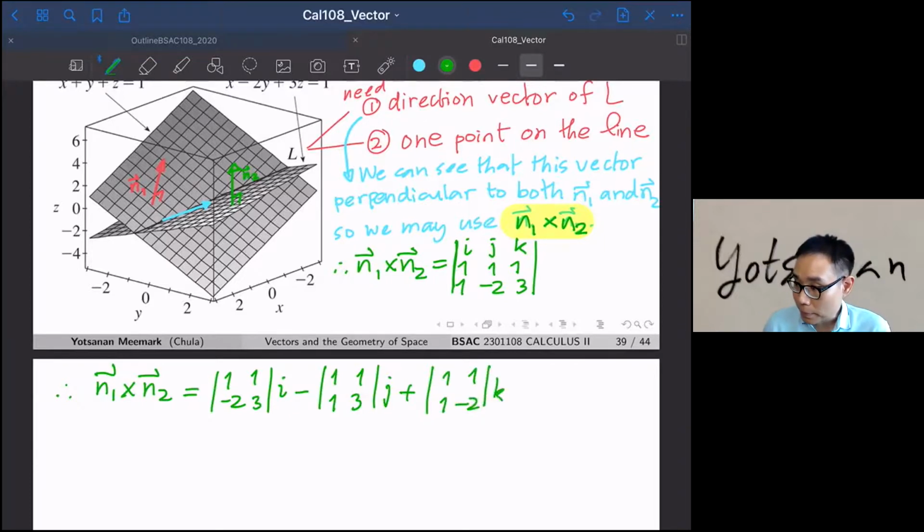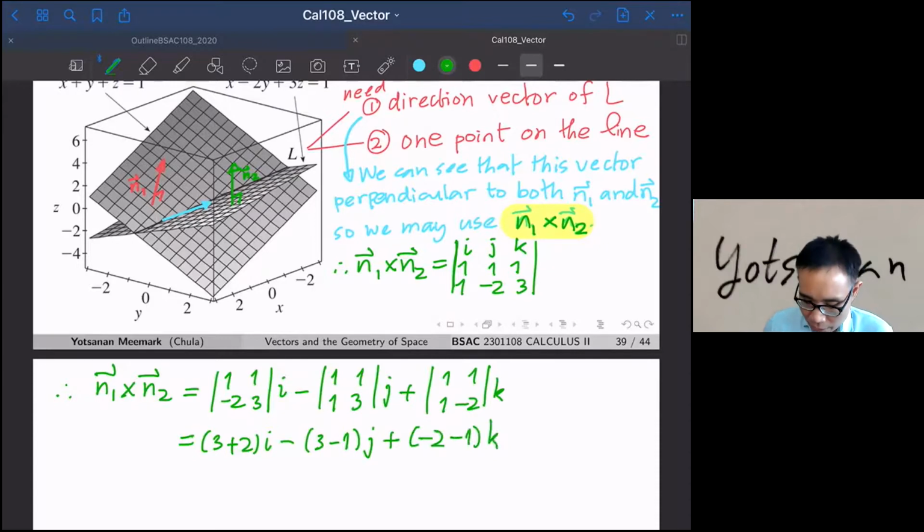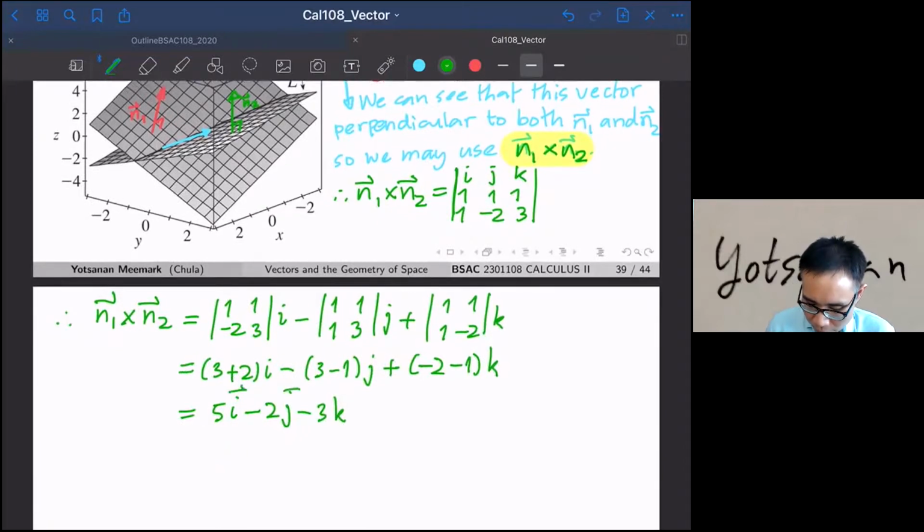It turns out to be (3 plus 2)i minus (3 minus 1)j plus (negative 2 minus 1)k. So this becomes 5i minus 2j minus 3k.